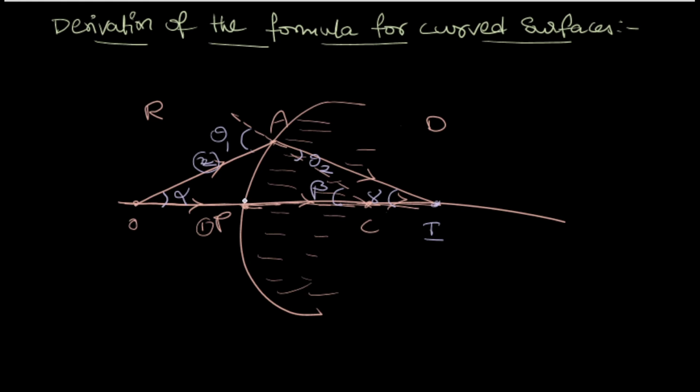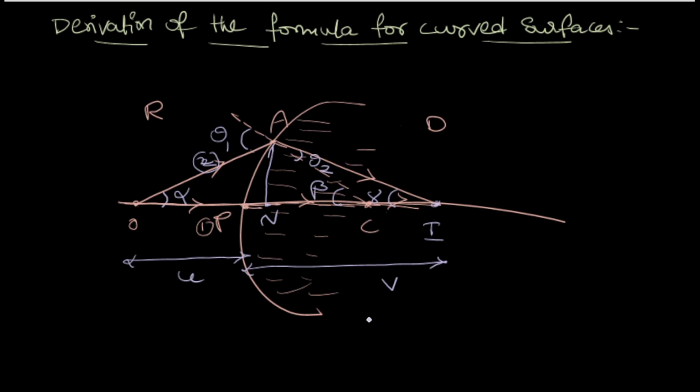I am just drawing a perpendicular line from point A to the principal axis, and this meets the principal axis at point N. OP is the object distance, and PI is the image distance.